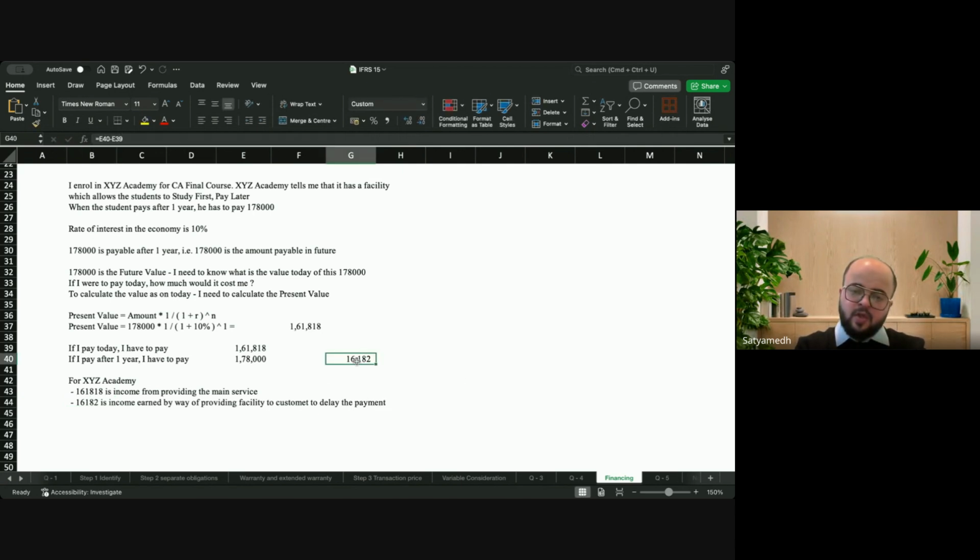So 16182 is your interest income or finance income. 161818 is your present value. How do you calculate present value? Present value is whatever amount into 1 upon 1 plus r raised to n. This is the standard formula that you have to follow.